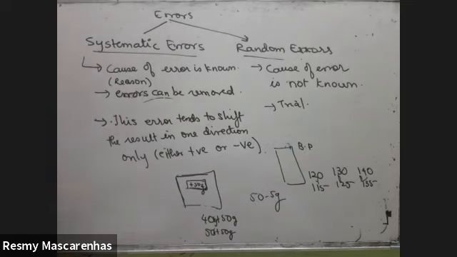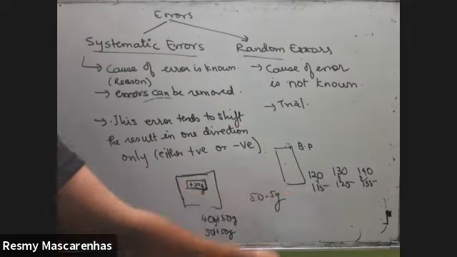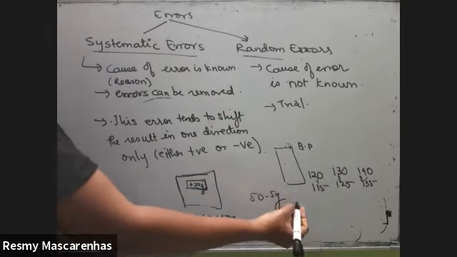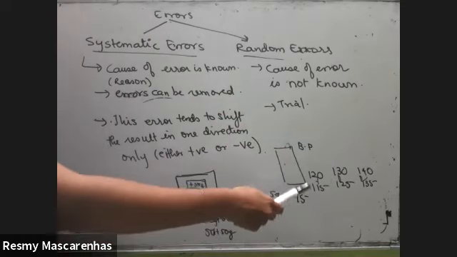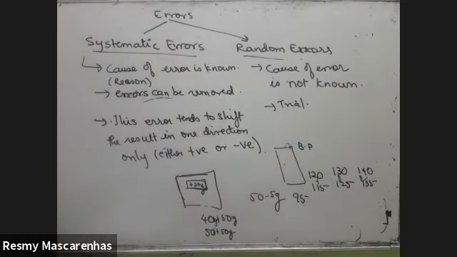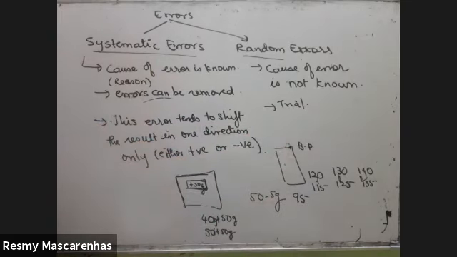So you automatically know if your instrument is faulty by 5: next time, if you are getting 95, you know that it's actually 100, because you know your machine is giving you 5 less. Those types of errors are called systematic errors.